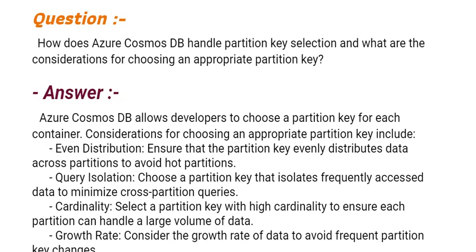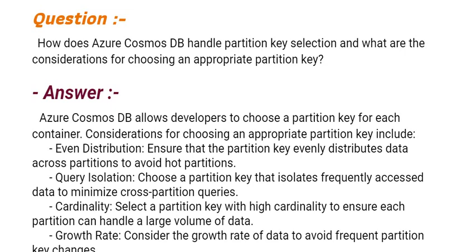Our next question is, how does Azure Cosmos DB handle partition key selection and what are the considerations for choosing an appropriate partition key? Your answer should be: Azure Cosmos DB allows developers to choose a partition key for each container.